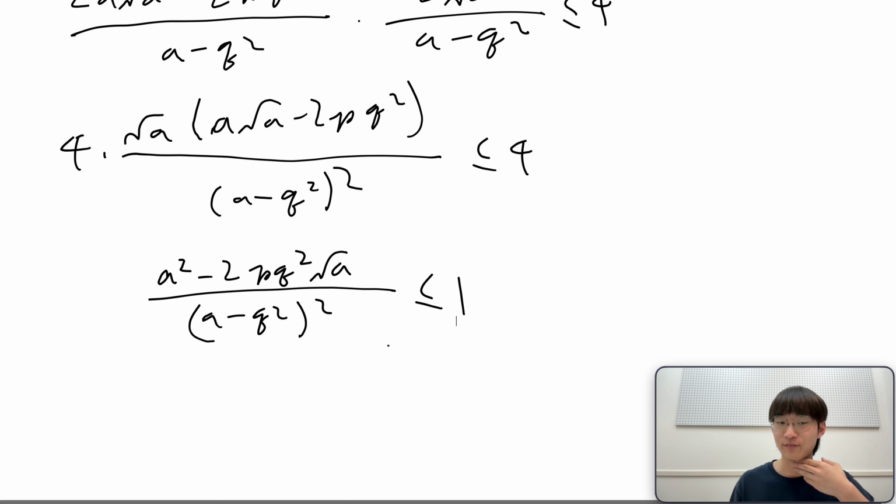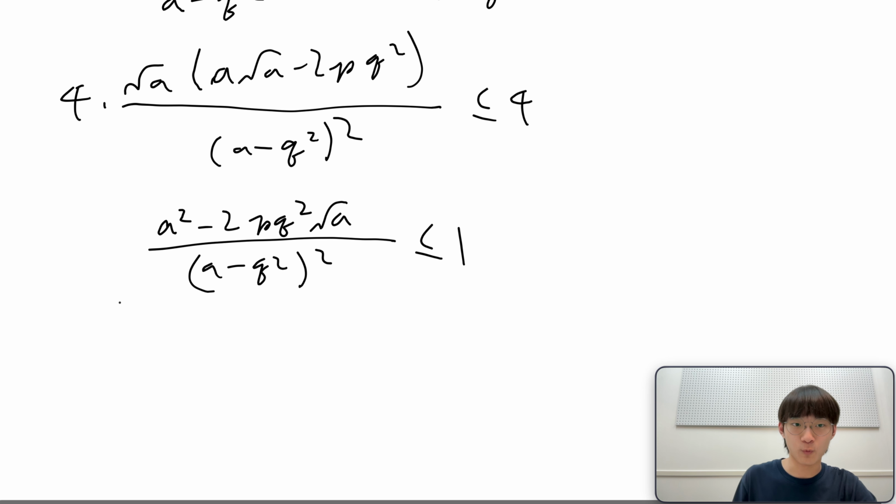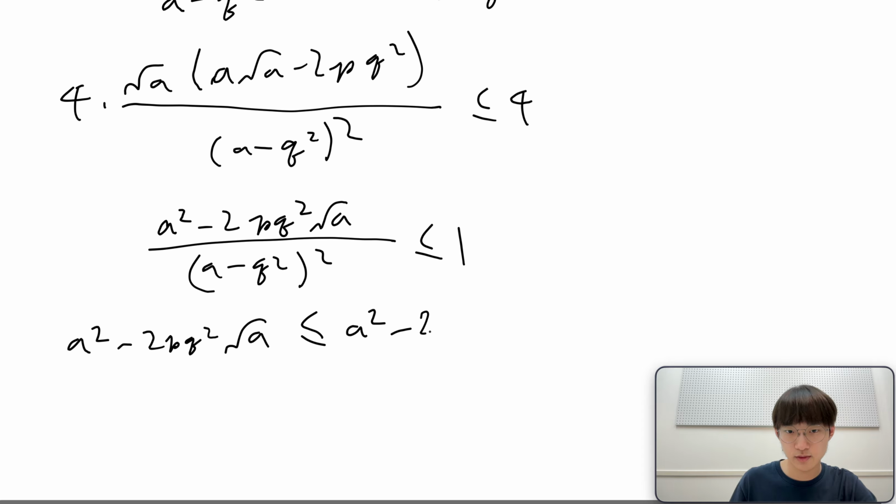Now this is actually very interesting because what we need to show is, if we show that this thing is less than or equal to a squared minus 4q squared, then we know this is, oh no, never mind.